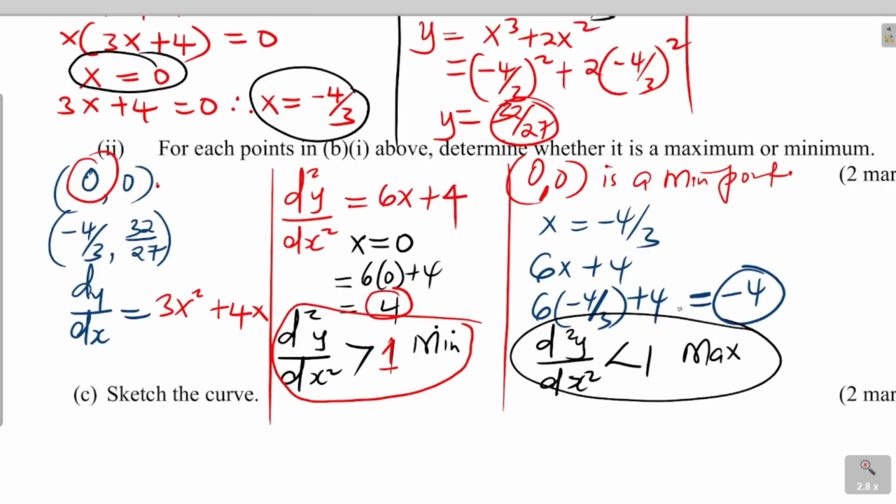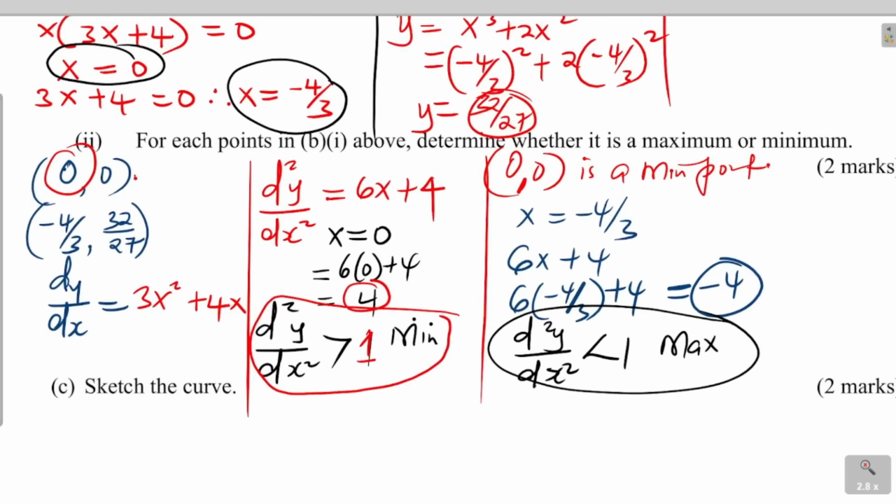So therefore, this point, that is negative 4 over 3, 32 divided by 27, is a maximum point. So if the second derivative is less than 1, it is a maximum point. So we have determined the nature of those points by using the second derivative.